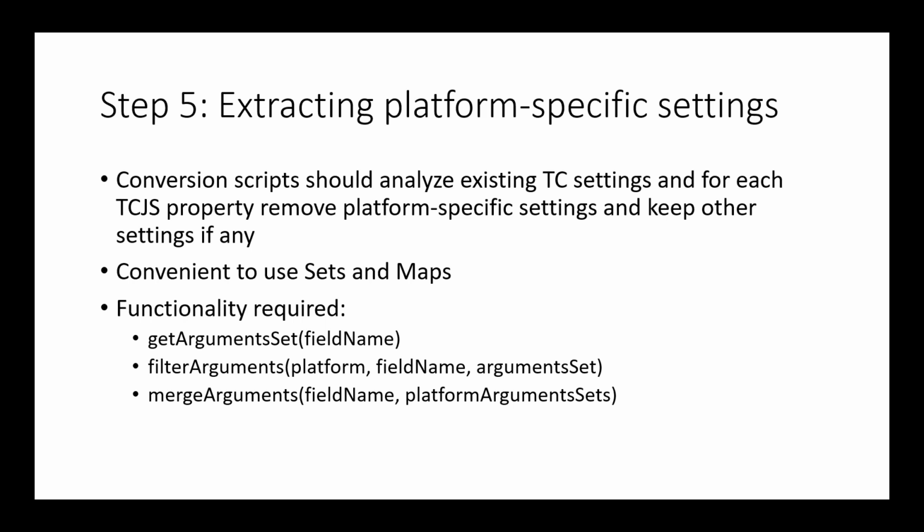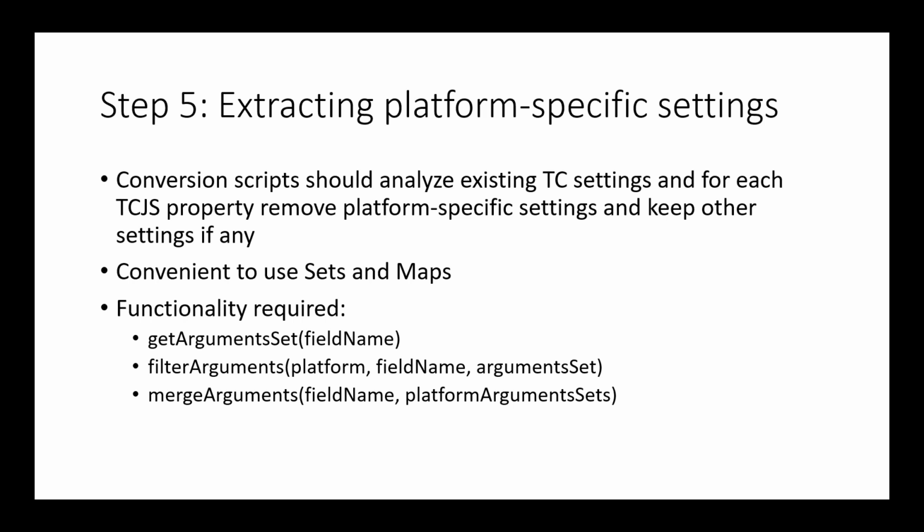The next functionality that is needed is filter arguments. So it will filter, remove all platform-specific arguments from the set. And the next functionality is merge arguments. This is needed because you have several platforms.